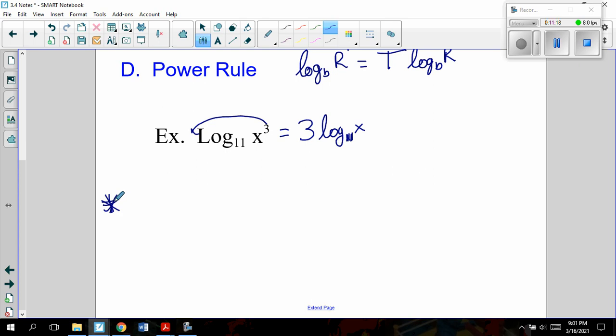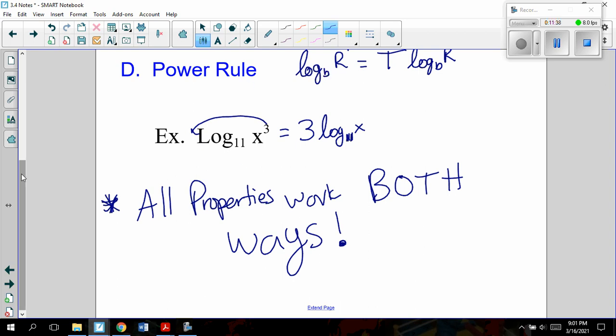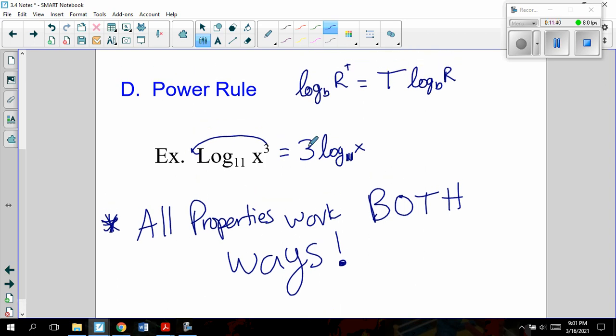One very important thing is that all of these properties work both ways. So you will be using these both ways. For example, in D here, I might give you something that's 3 log base 11 of x and need you to put that 3 back as a power.